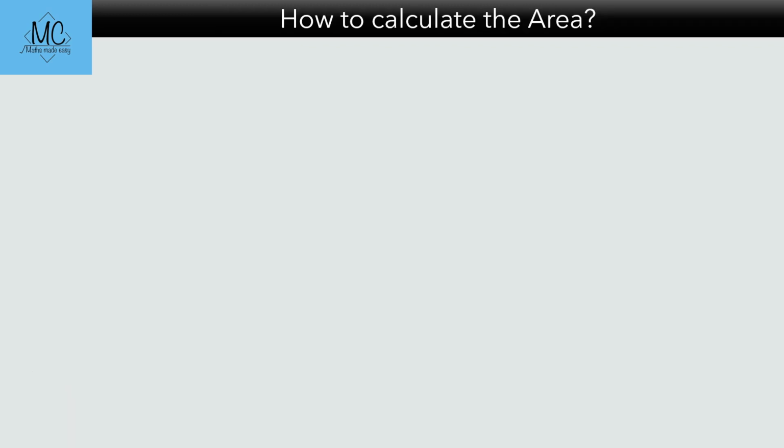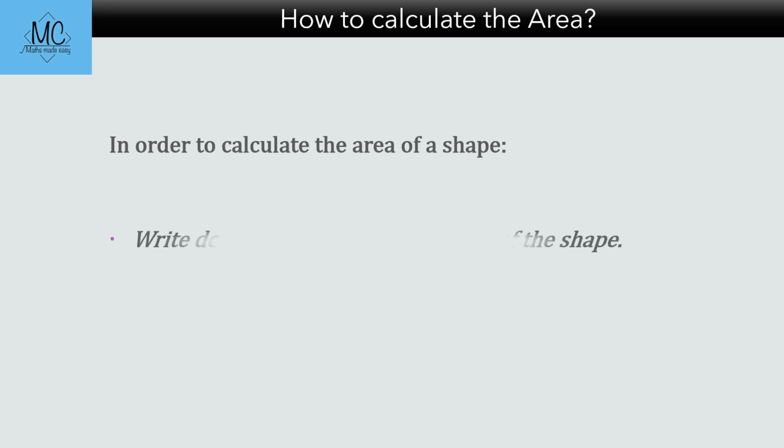Now the question is how to calculate the area. Make sure you follow these steps in your exam while attempting your questions. Read the question carefully, make sure you understand what is being asked, and pay attention to any specific instruction or requirement. First, write down the formula for the area of the shape.